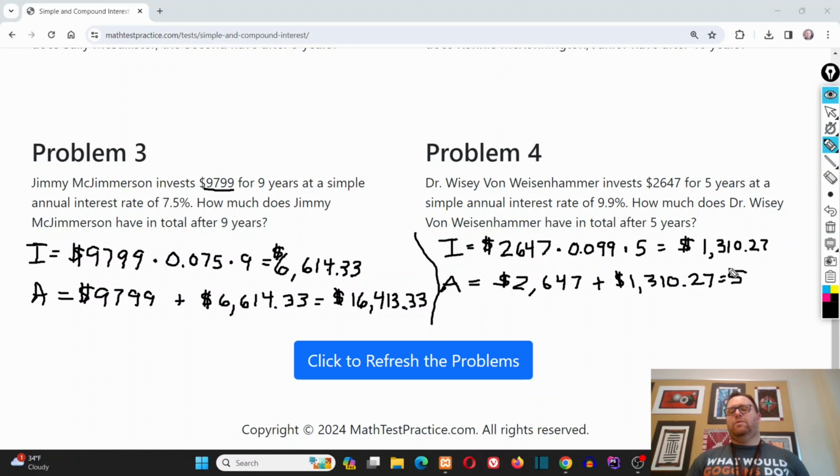That's going to equal, let's get the calculator here, $3,957.27.